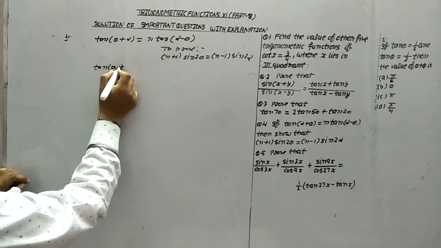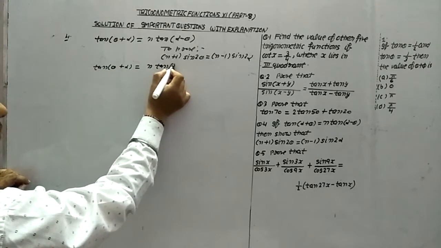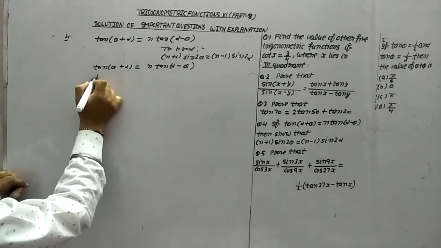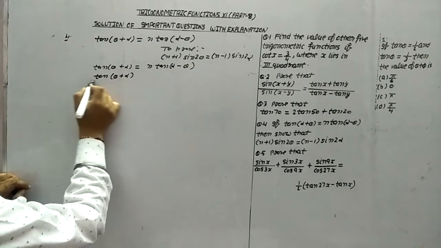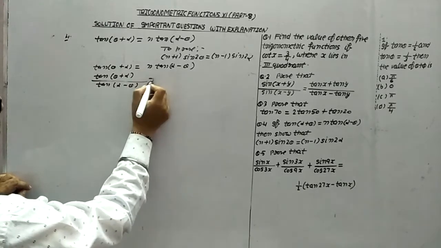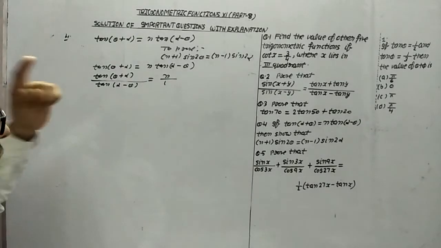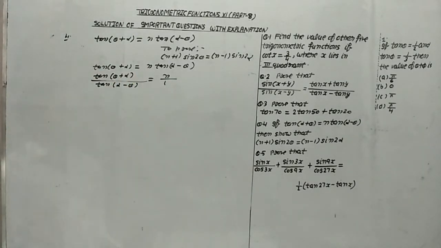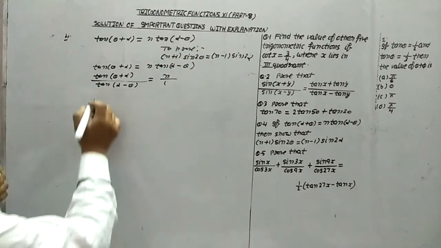Tan(theta plus alpha) is equal to n tan(alpha minus theta). First of all we will shift this side: tan(theta plus alpha) upon tan(alpha minus theta) is equal to n upon 1. Now why are we applying componendo and dividendo? Because in the result we want n plus 1 and n minus 1.